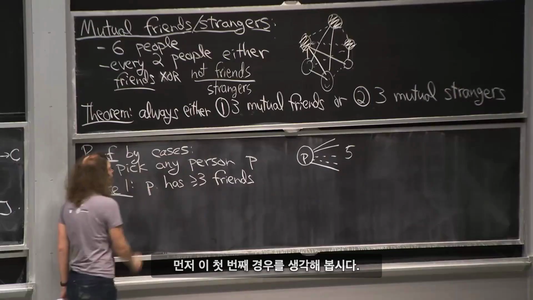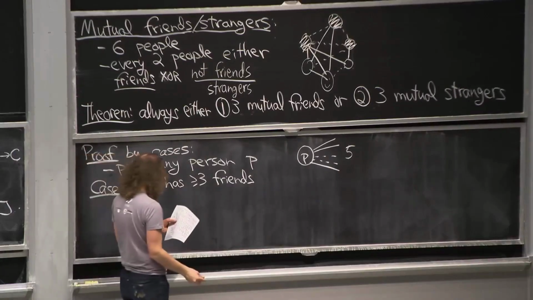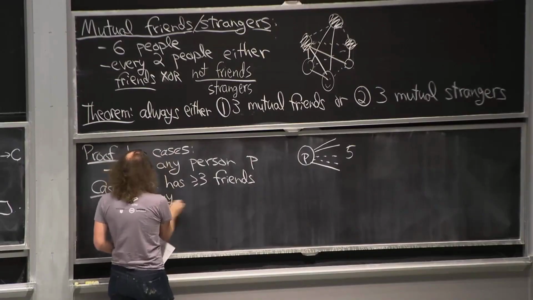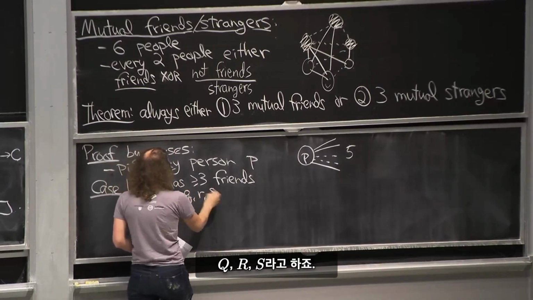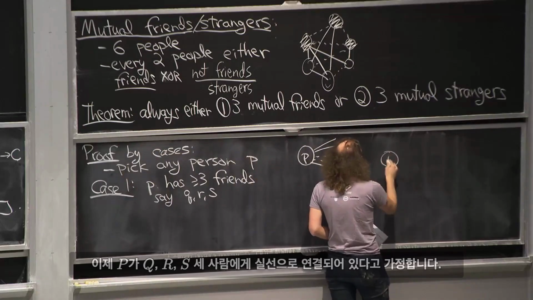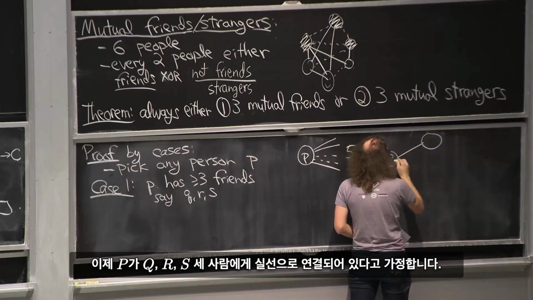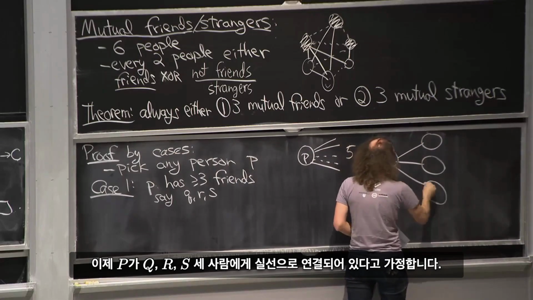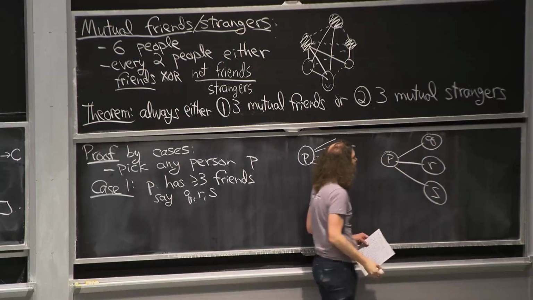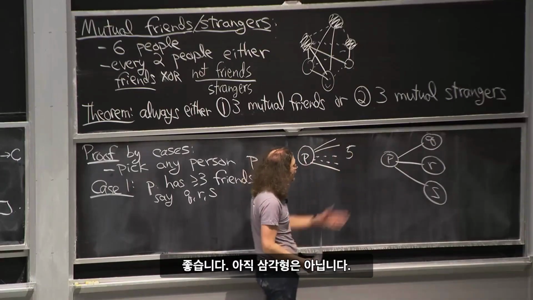Okay, let's think about this first case. P has at least 3 friends. Let's give them a name: Q, R, and S. So that's sort of a general picture. Now we're assuming P has 3 solid lines to 3 people, Q, R, and S. Okay, this is not yet a triangle.